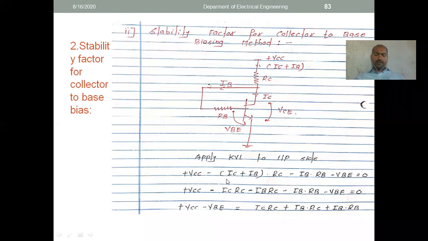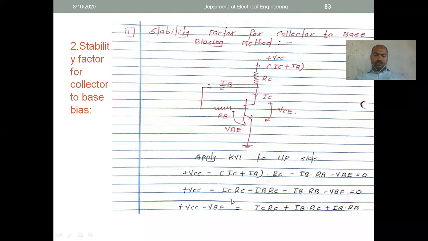So the equation is plus VCC minus IC into RC minus IB into RC minus IB into RB minus VB equal to 0.